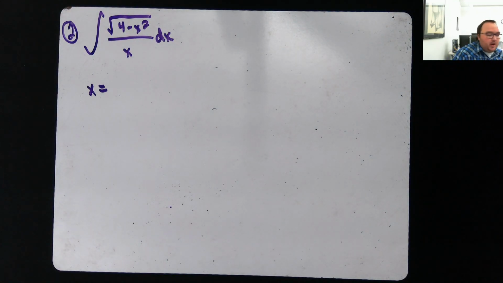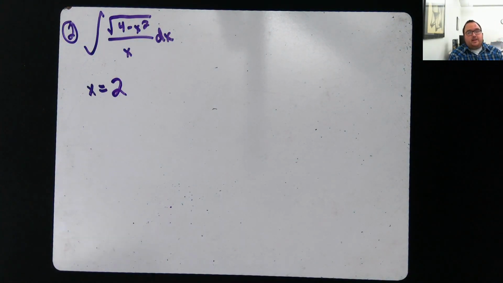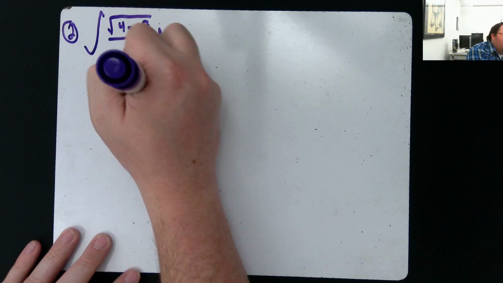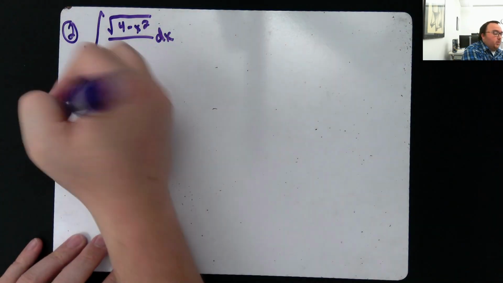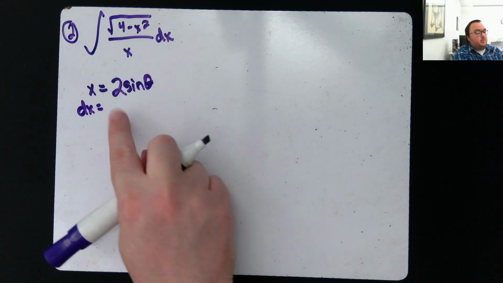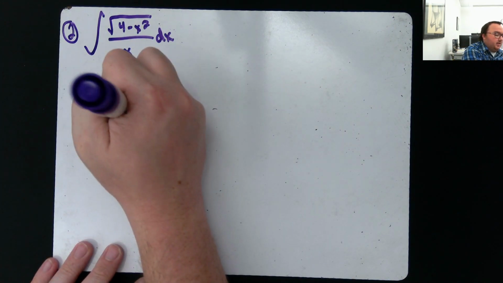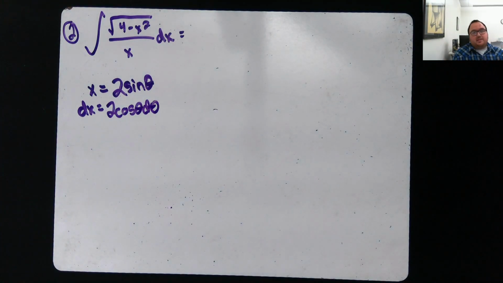Well, that would be 2, right? 2 squared is 4. So the whole idea is I want a constant minus sine squared, so it's going to be 2 sine theta. But again, don't forget, I need dx. The derivative of 2 sine is 2 cosine. So let's plug all of this in and see if it helps us out.